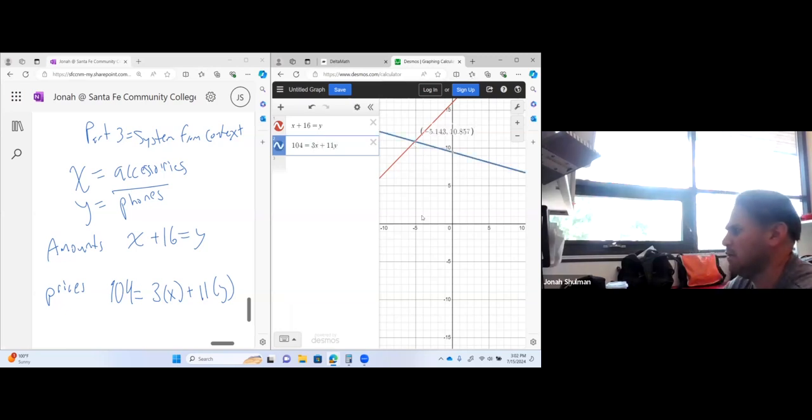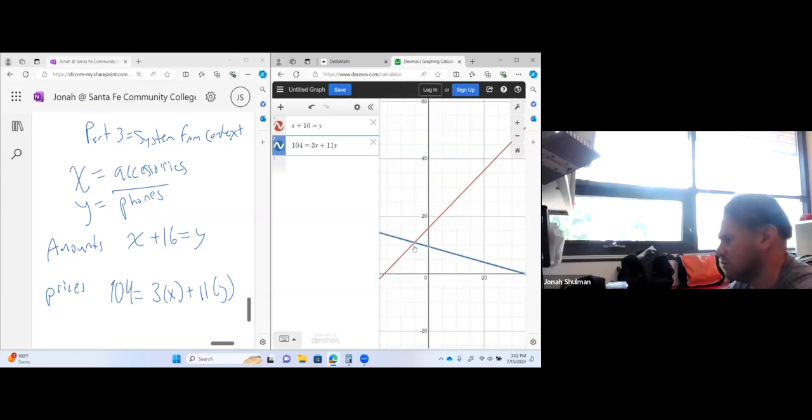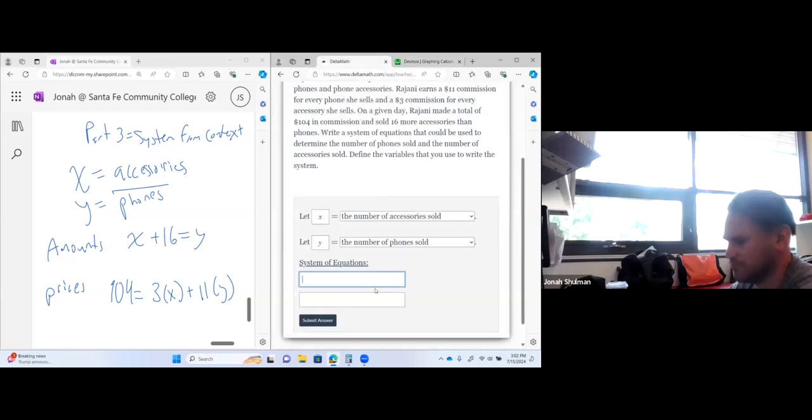And I don't know why it's crossing in a negative, but it did cross at a negative. So I probably made a mistake somewhere. I don't know exactly where, but we'll see where the mistake was. 16 more accessories than phones.